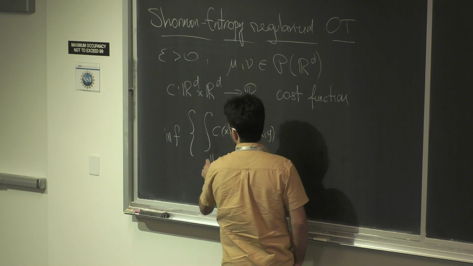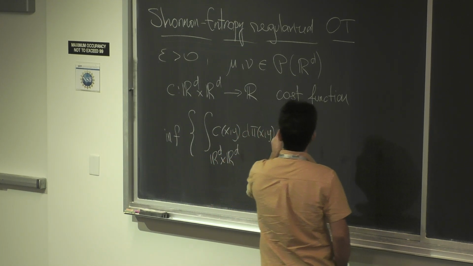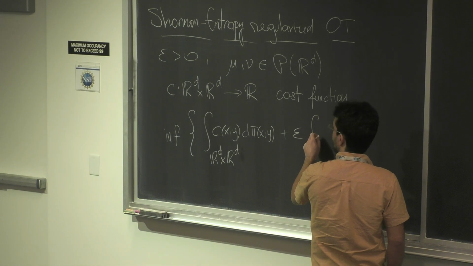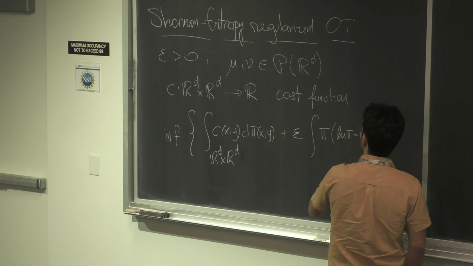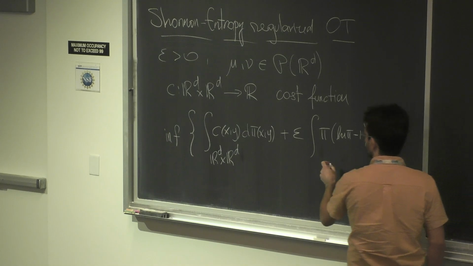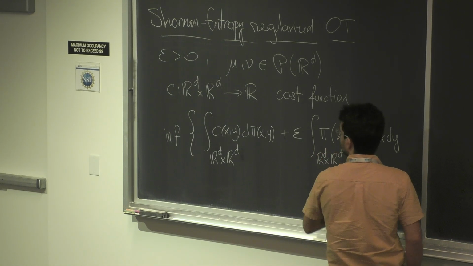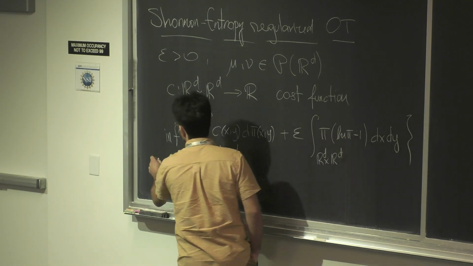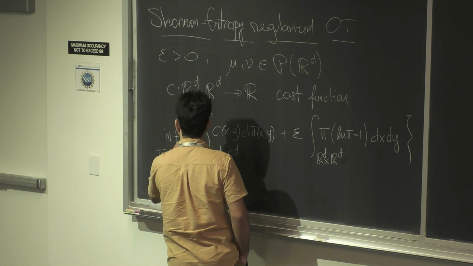So this is a double integral in R^d times R^d, plus epsilon times the entropy, the Shannon entropy. And here I'm integrating with respect to the Lebesgue measure. And I wanna minimize among all couplings pi that have marginals mu and nu.